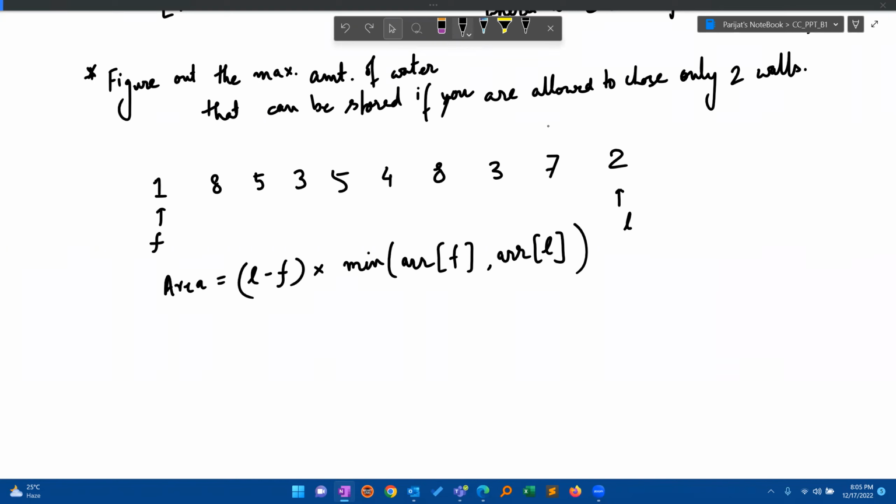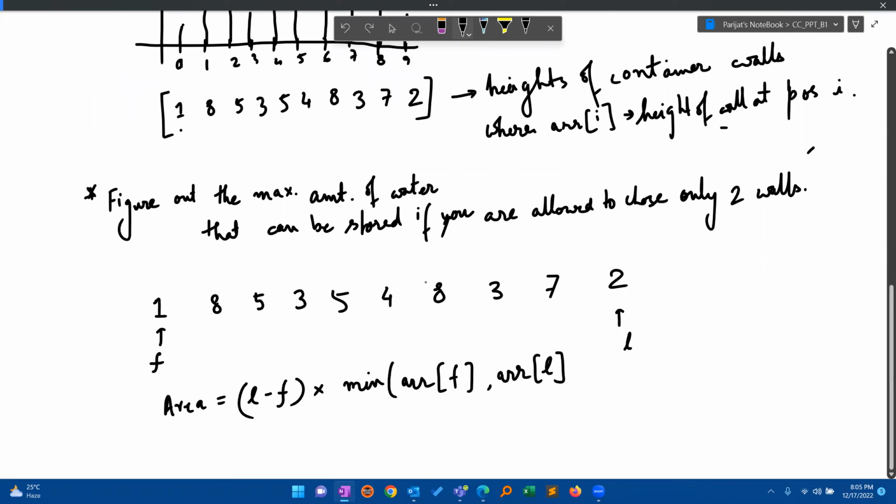Because the next element, whatever it is, even if this element is 100, the height can only be 1 between 1 and 100. The height of the rectangle will be only 1, so the area of water will be determined by the minimum of the two. So you will always try to move the minimum one, because you want to see a higher minimum, you want to see a higher value there.